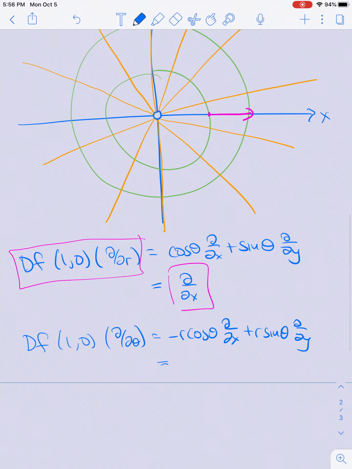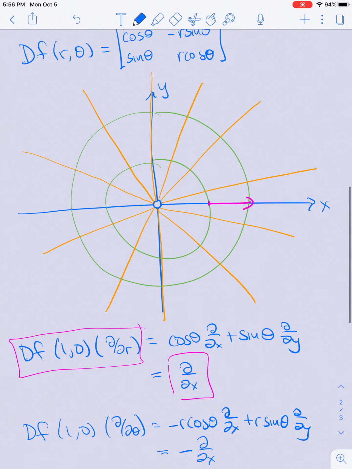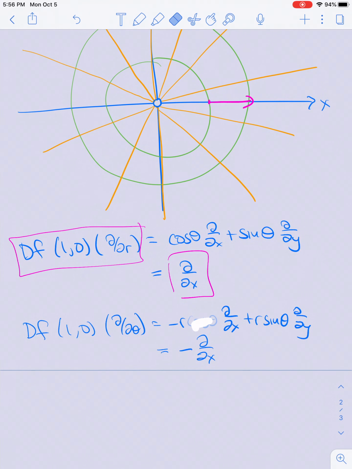Sorry, I mixed these two up. Since theta is 0 and r is 1, this will be d by dy.